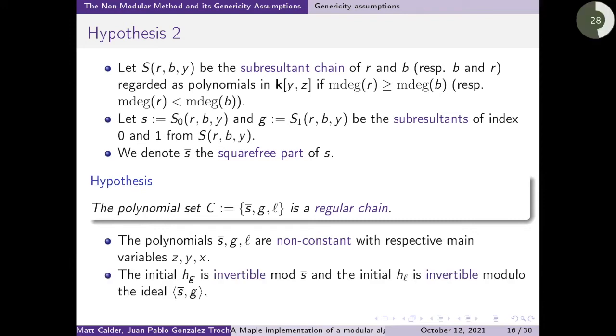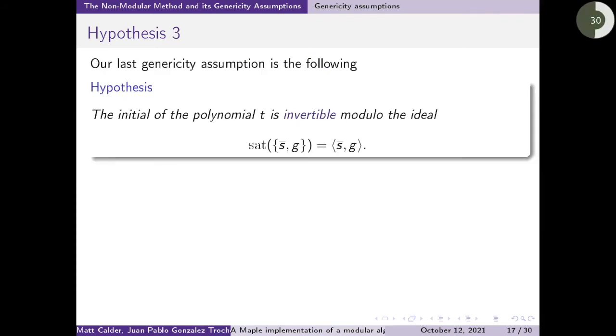The initial of G is invertible mod S bar, and the initial of L is invertible mod the ideal generated by S bar and G. And finally, the algebraic variety of S bar, R, and B is equal to the algebraic variety of S bar and G. Our last genericity assumption is that the initial of the polynomial T must be invertible mod the ideal generated by S bar and G.